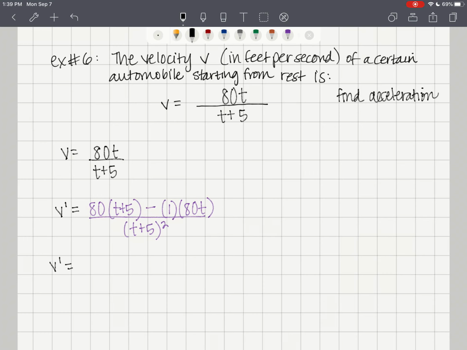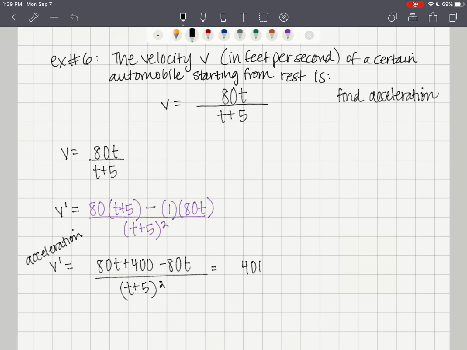So we have v prime, which is our acceleration, the first derivative of velocity, is equal to 80t plus 400 minus 80t all over t plus 5 quantity squared.